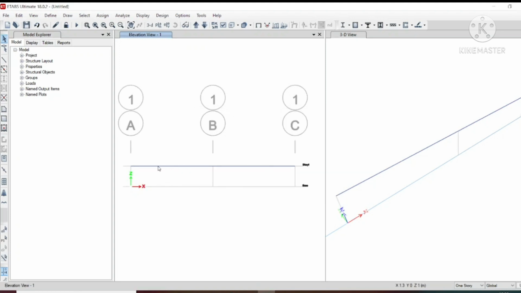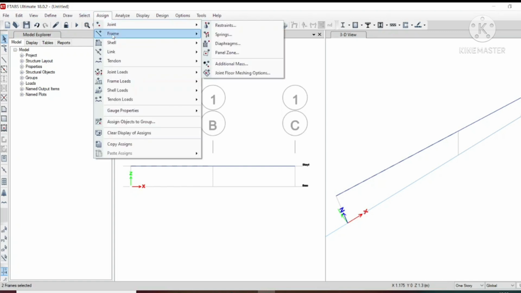Yes, right now I have divided this frame into 4 sections. The first 2 sections will have the first sectional property, and the next 2 sections will have the other sectional property. So I have selected 2 frames here, and let me assign a property.